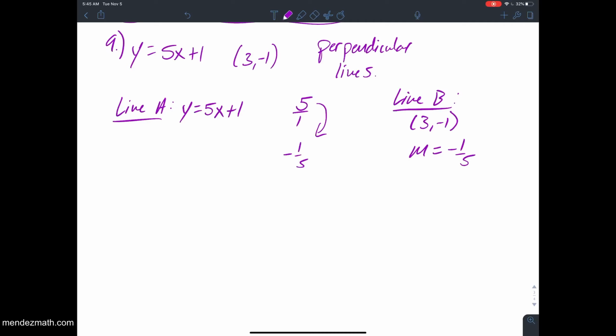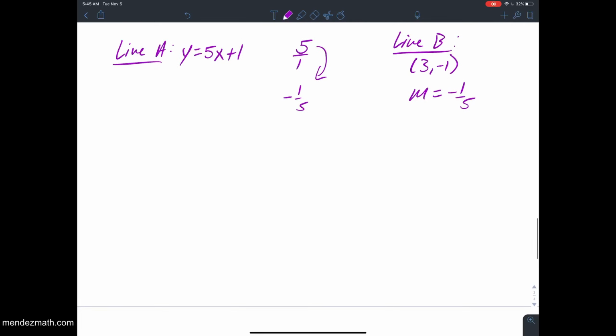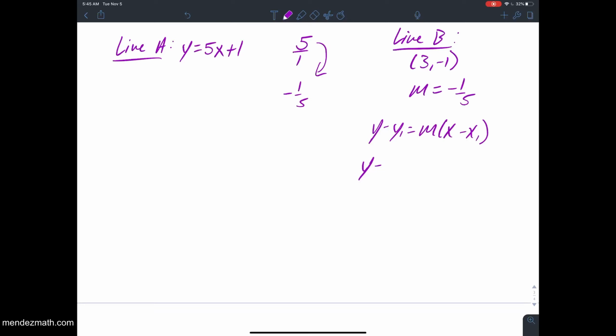And just like before, let's go ahead and find the equation. This is y minus y1 equals m, parentheses x minus x1. And let's plug in all of our values, okay? Y minus y1, which is negative 1. Be very careful with this because oftentimes students put y minus 1, but it's y minus negative 1, okay?